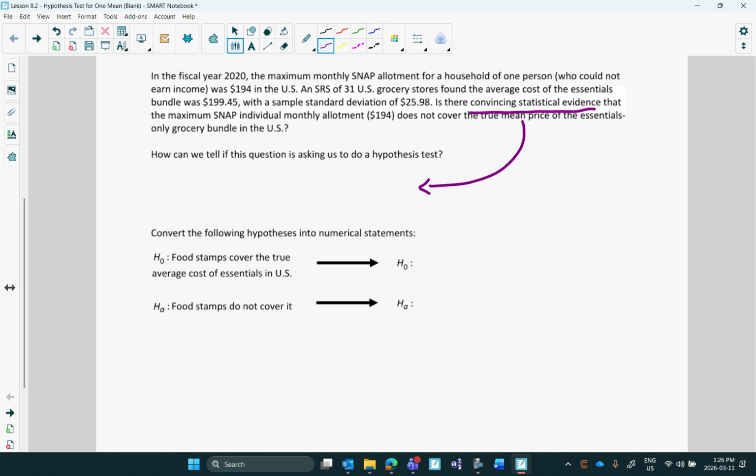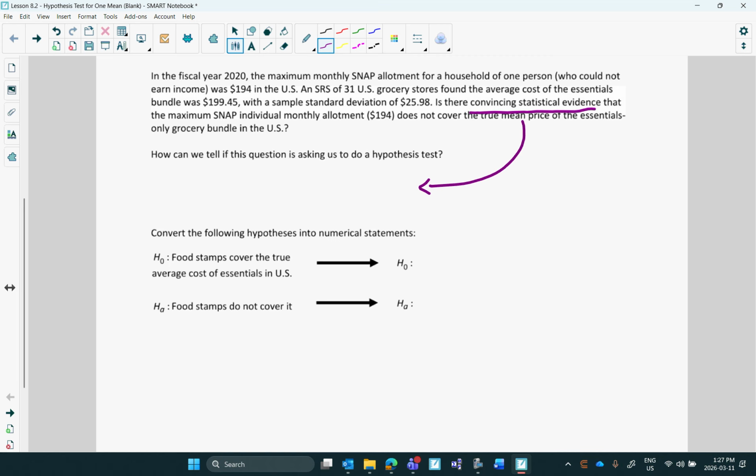So, remember how we start these hypothesis tests? We start with our null hypothesis and the alternative. So in words, the null is, no, food stamps, the 194 covers it. And the alternate, what we're trying to find convincing statistical evidence of, is, no, it's more than 194.